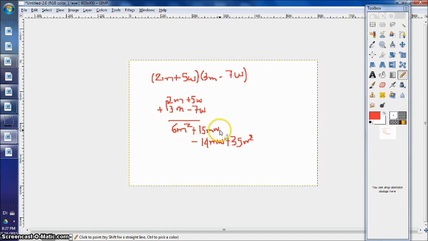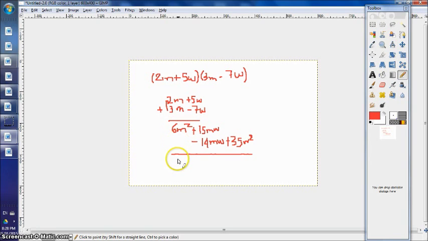Notice how they are arranged in descending order, so the variable with the largest exponent comes first, then you go on and arrange them in the way that you get the exponents sorted out.